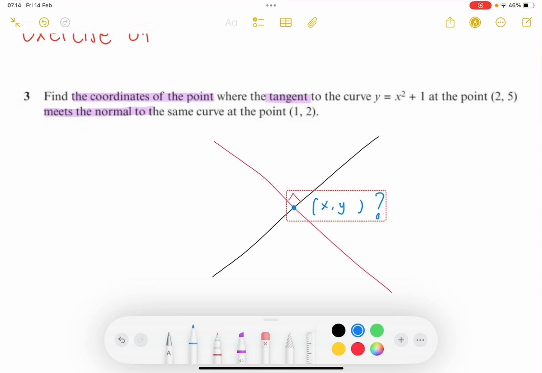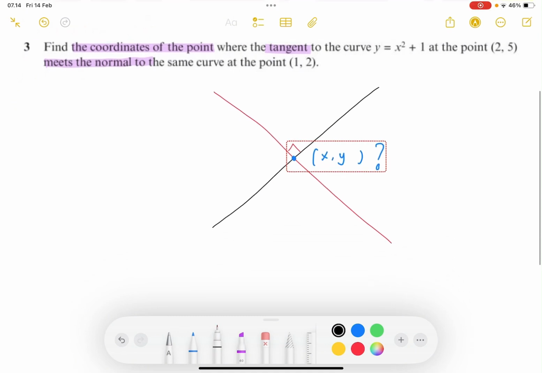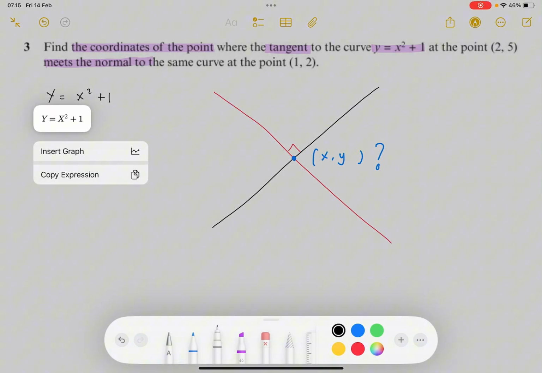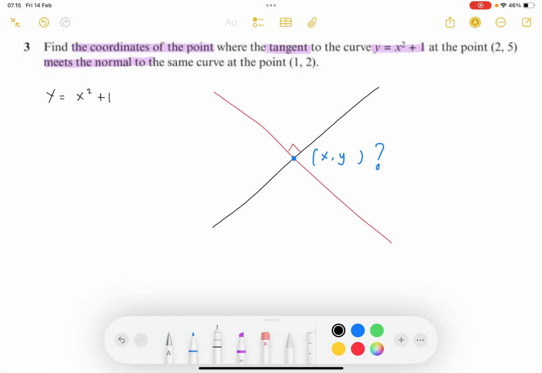So now let's find it. How are we going to find it? The only function given in the question is the original curve, y equals x squared plus 1. Now this curve has a tangent, and we don't know the equation of this tangent.